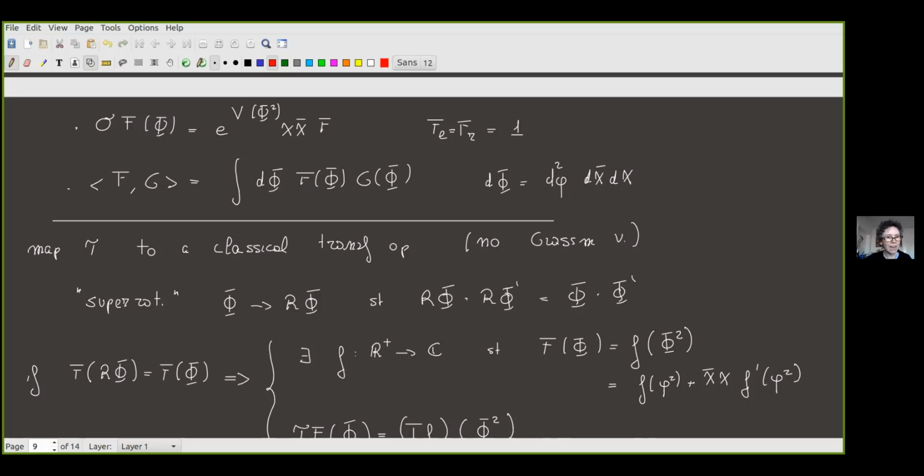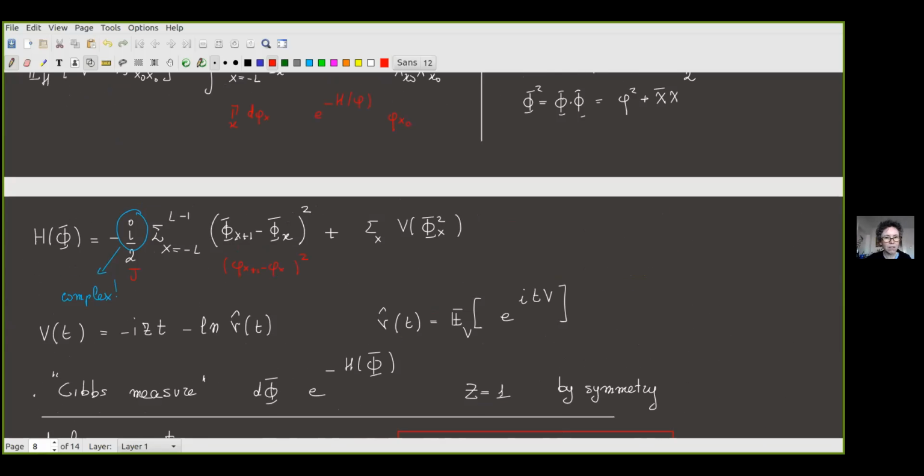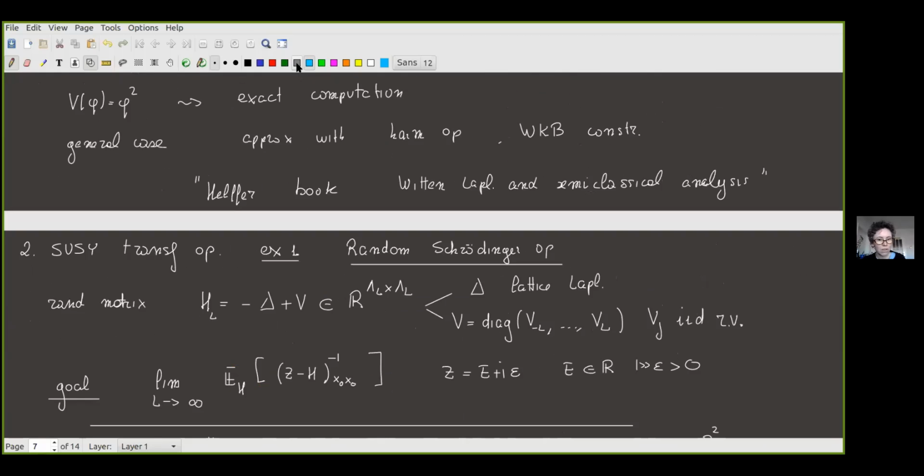You remain at the level of the resolvent. More precisely, you study (Z minus H) inverse, and what you actually study is the average of this to the power s, where s is smaller than 1 and larger than 0.